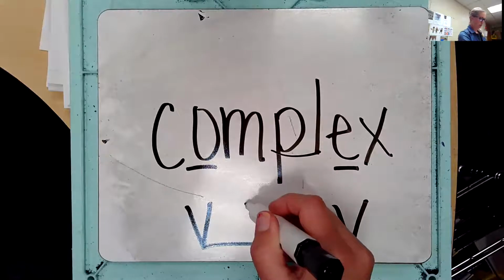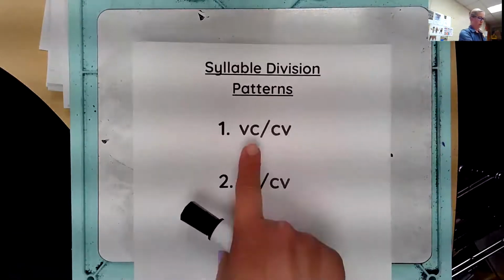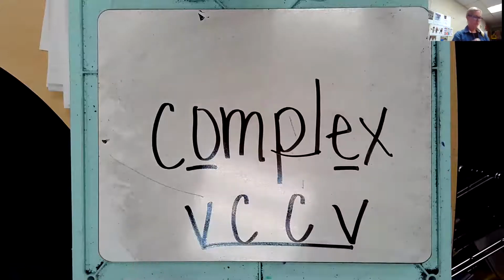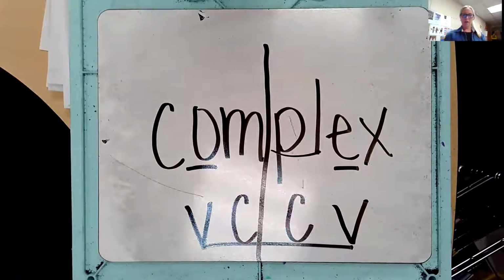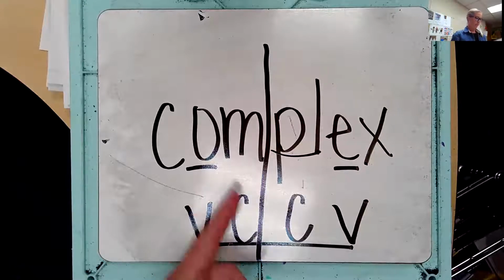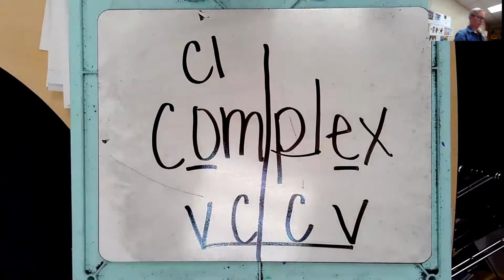So now let's mark everything in between. Remember, the most common way to divide words into syllables is between the 2 consonants. There it is. Let's mark our syllable types. We've got a vowel and then a consonant. Closed syllable. Short vowel sound. Vowel, then a consonant.